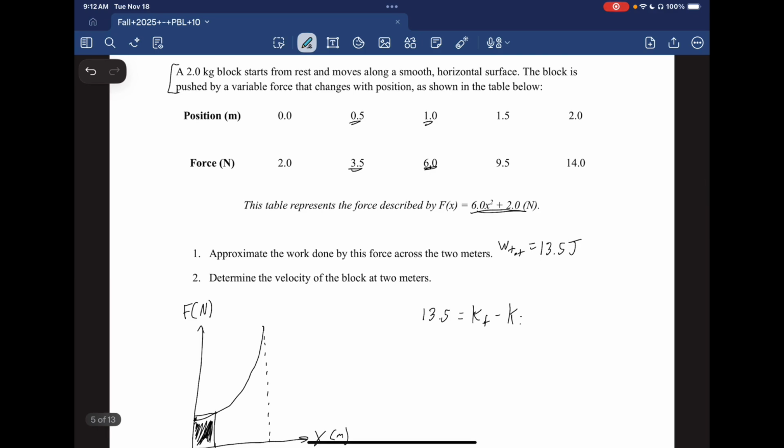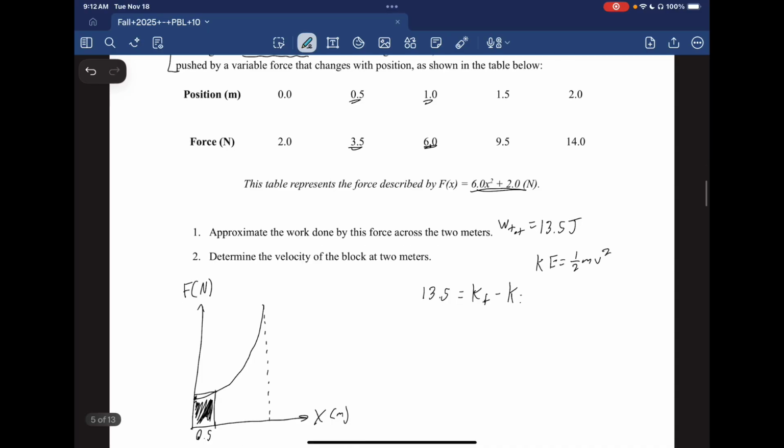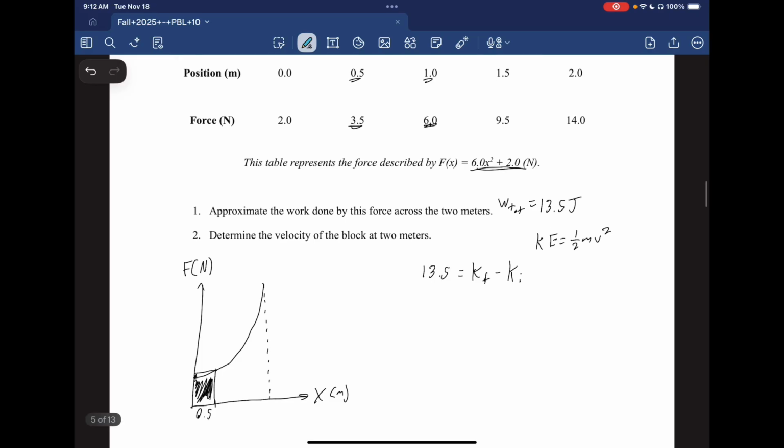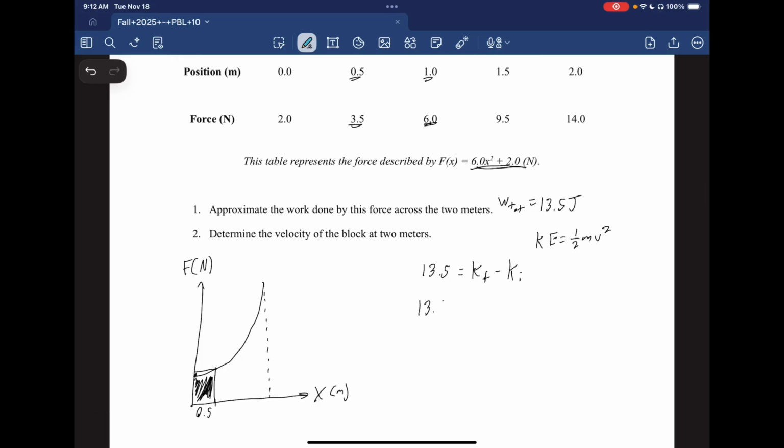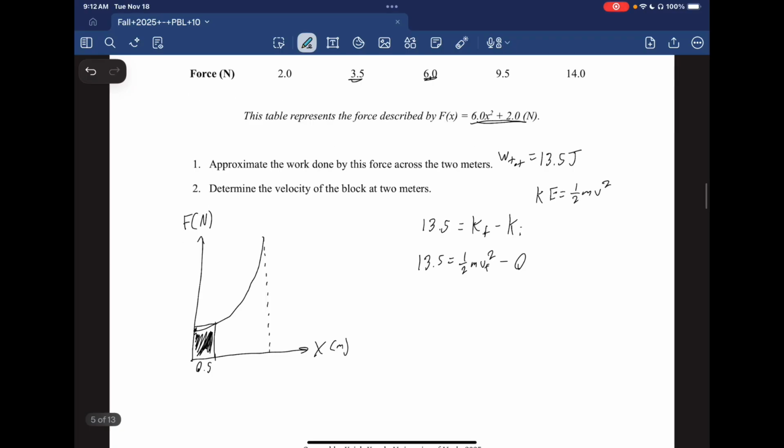Initially we have 0 kinetic energy because the block starts from rest. A reminder that kinetic energy is given by the equation 1/2 mv squared. So if it starts from rest, velocity is 0, and initial kinetic energy is 0. So now we just have 13.5 equals 1/2 m v final squared minus 0.